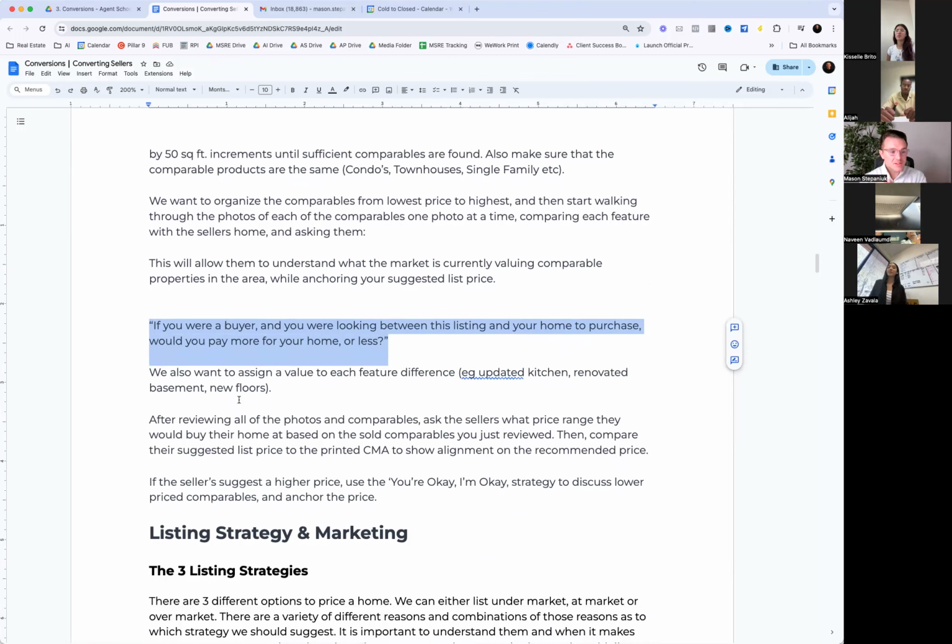Okay. And this is really, really important to continuously ask throughout the course of the listing presentation, because it's going to help anchor the price, the suggested price that we're going to come up with. Okay.